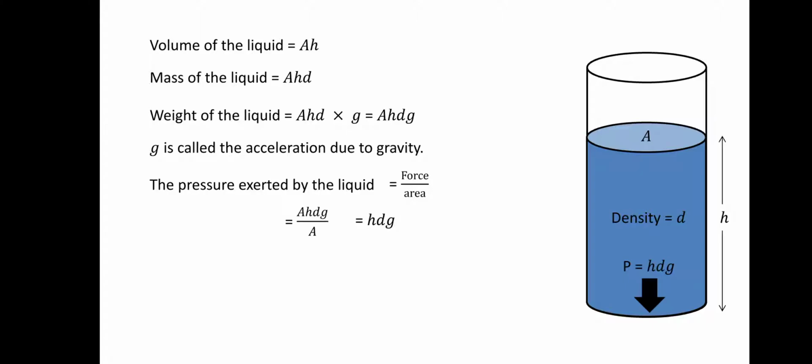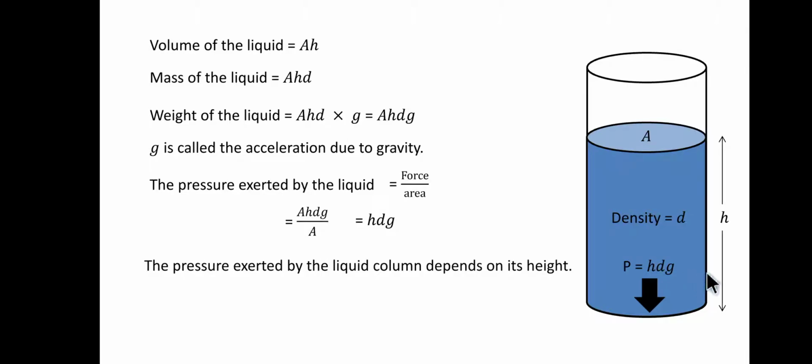Since pressure is equal to HDG, that means the pressure exerted by the liquid column depends on its height and also on its density.